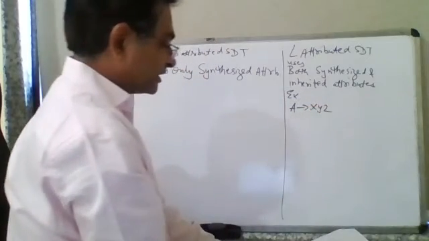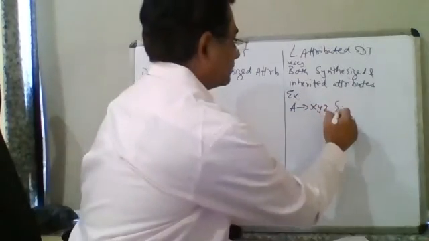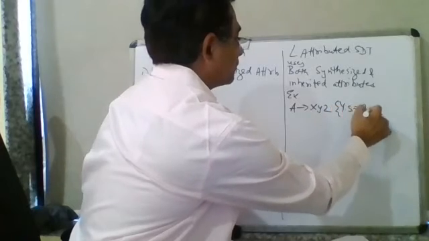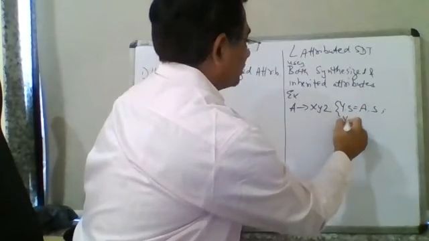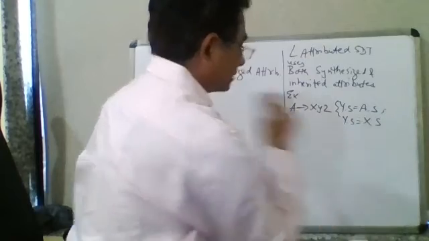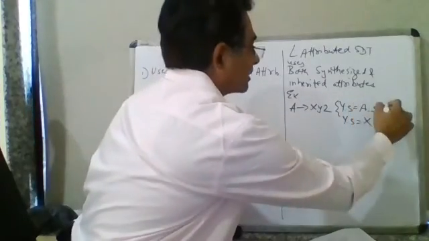Then Y dot s can have the value from A dot s, and Y dot s can have the value from X dot s. Both of these are correct, right?